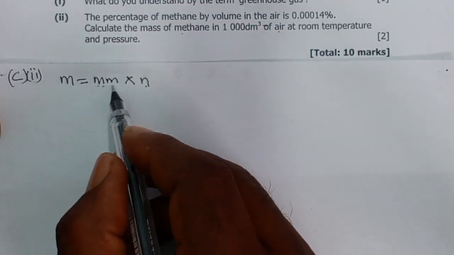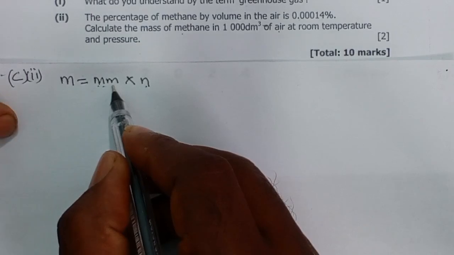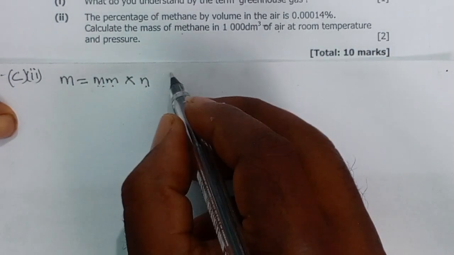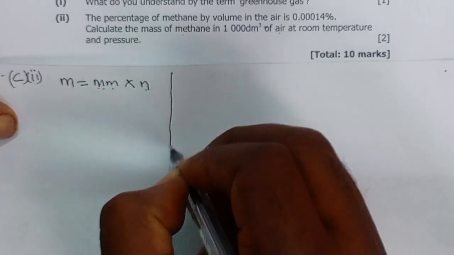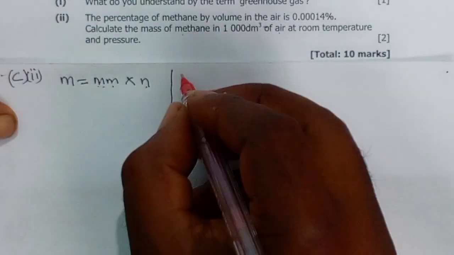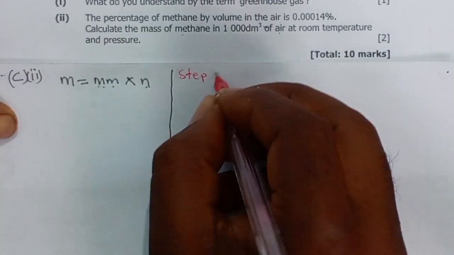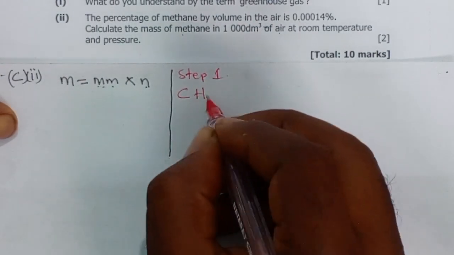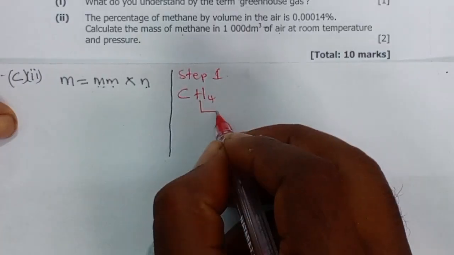So do we have the molar mass? We can find the molar mass of methane. That is step 1: find the molar mass of methane. Here we have 4 hydrogen atoms.